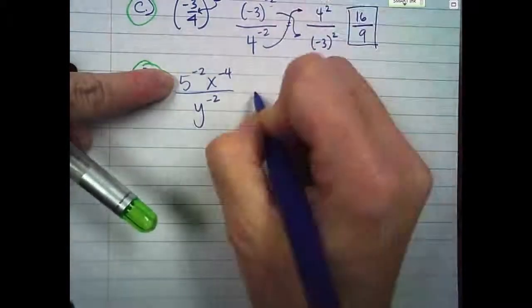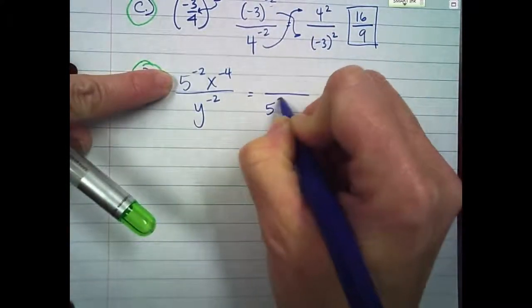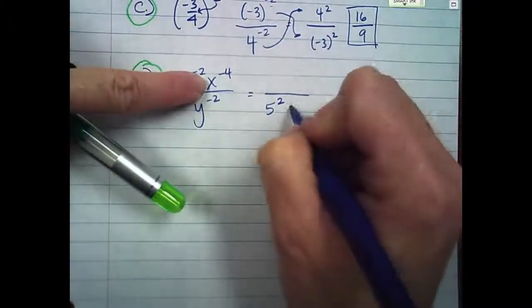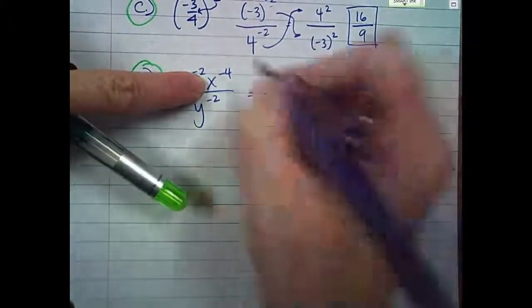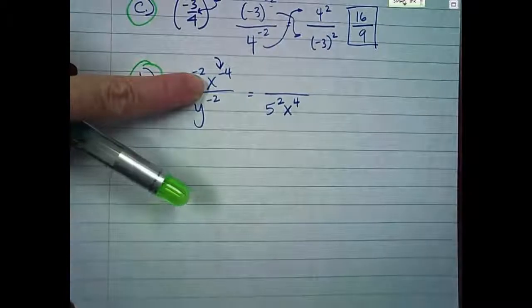This 5 belongs in the denominator, so we have 5 squared in the denominator. X to the negative 4 would go to the denominator. The negative tells me where to put it, and once you put it where it belongs, the negative goes away.